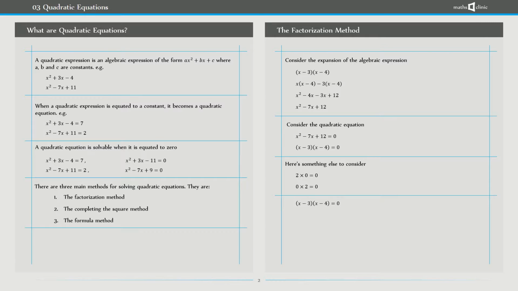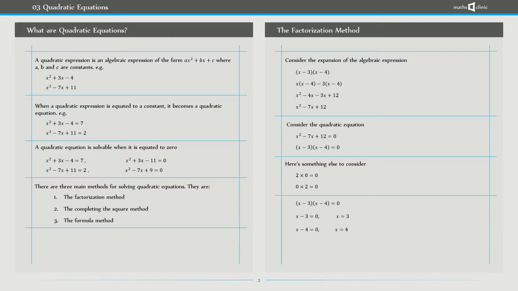If you have x minus 3 multiplying x minus 4 to give you 0, the only way this is possible, you have one thing multiplying another to give you 0, is if one of them is 0. I.e., if you have that x minus 3 equals 0, then x equals 3, or you have that x minus 4 equals 0, and x equals 4.